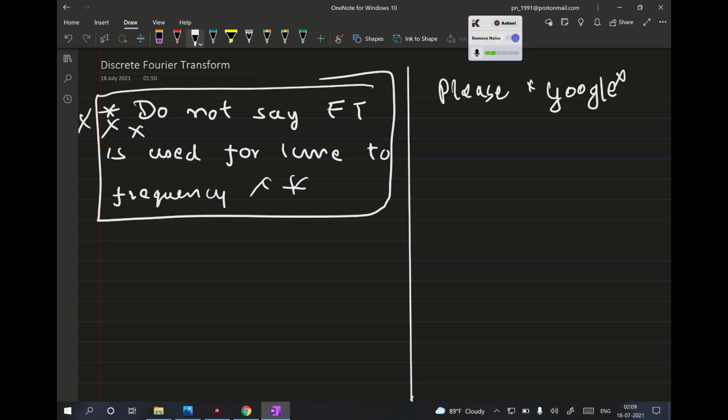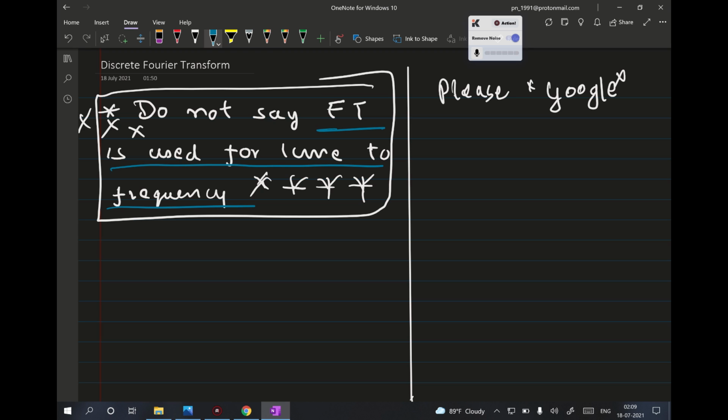Yes, it does mention it in the wiki page, but that is not how one should define the Fourier transform. So this is a very important point to remember. Do not say the Fourier transform is used for time to frequency.